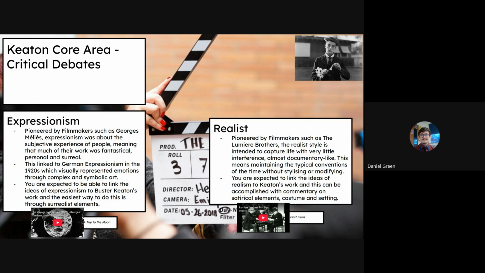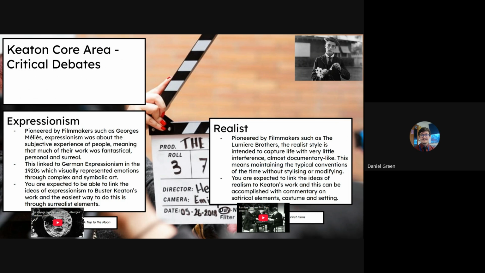On the other hand, you've got the Lumière brothers with the realist style, which intended to capture life with very little interference. I dread to say it, but it's almost documentary-like, because they are just recording people going about their daily lives, going about their jobs and so on. And that means it was holding on to typical conventions of the time without stylizing or modifying it like you might do in an expressionist piece.